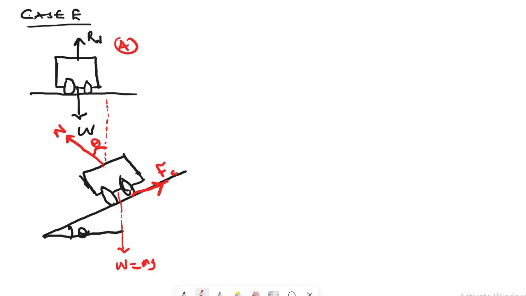Like I said, in physics, when you have a force that is bent at a particular angle, you need to resolve. So let's resolve the normal reaction vertically and also horizontally. This is the angle.